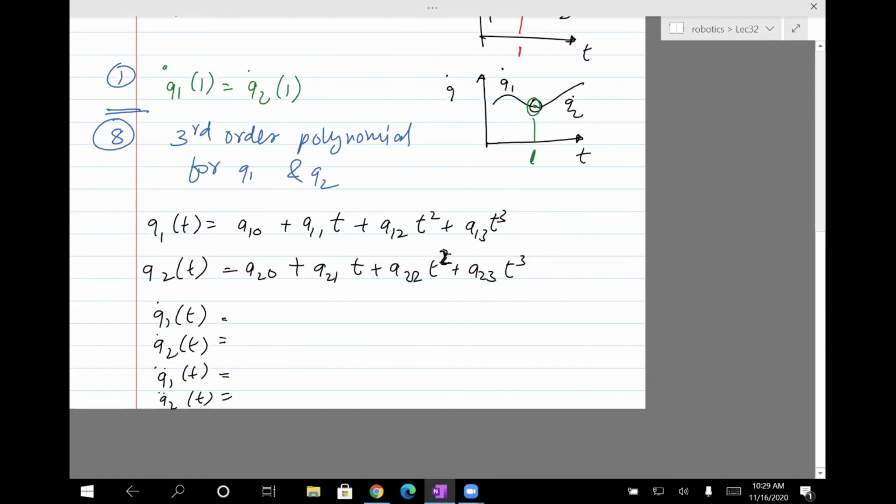Okay, and then I think there's no point in me actually spending the time and doing this step by step like I did for the previous problem, because essentially it's the same sort of recipe. You basically do these derivatives, you put in the 8 conditions, you end up getting an equation which looks like Ax equals b.